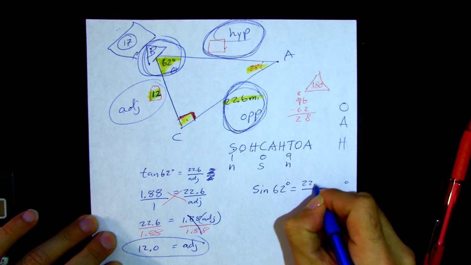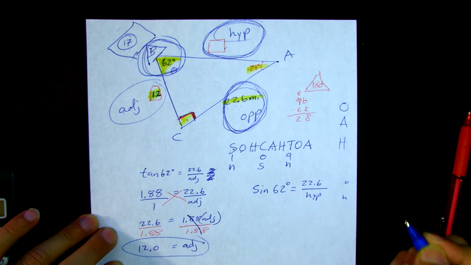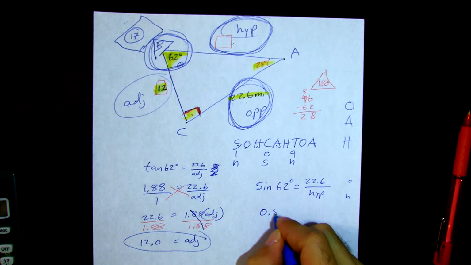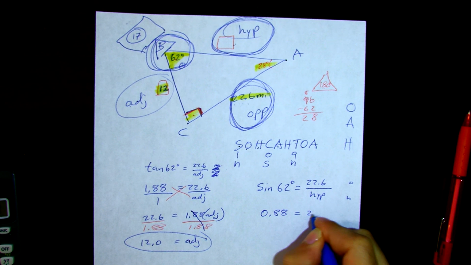Opposite is 22.6, hypotenuse is hypotenuse. All right, and then the sine of 62 is 0.88. So 22.6 over hypotenuse.